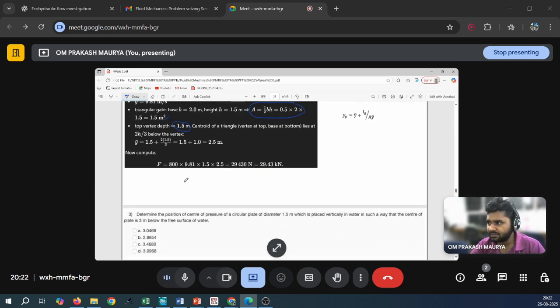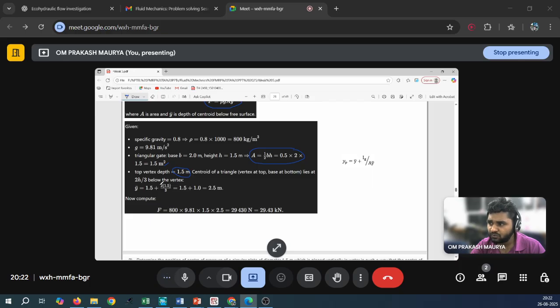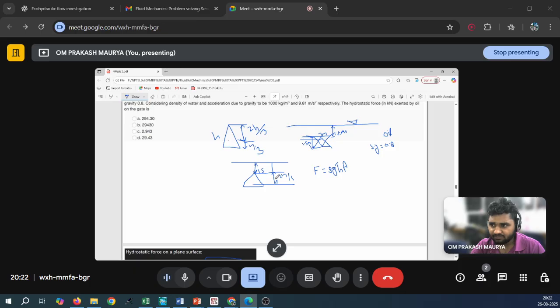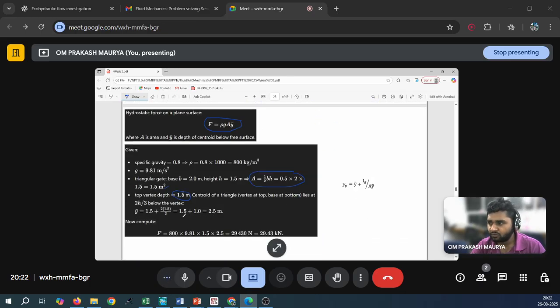So that thing is written 1.5 plus 2h by 3, where 1.5 is the h. The distance from the free surface to the vertex is 1.5. Also the depth is 1.5 as given in the question. So 1.5 plus 2h by 3, once you calculate you will get 2.5.